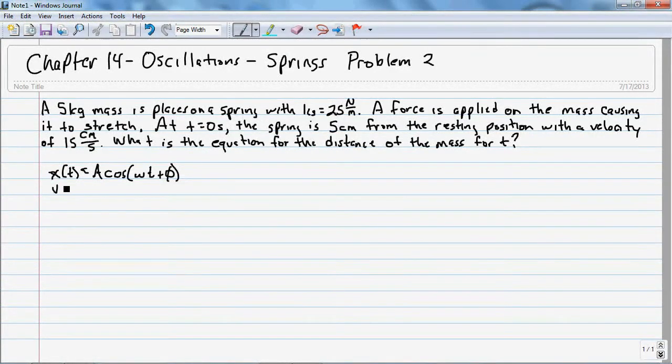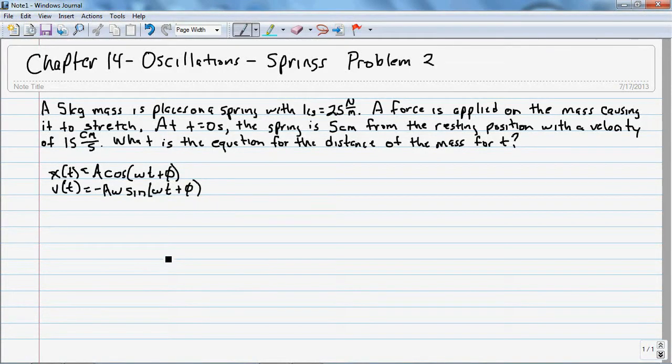The velocity function of t is equal to negative a omega, oh sorry, not cosine, sine, of omega t plus phi.